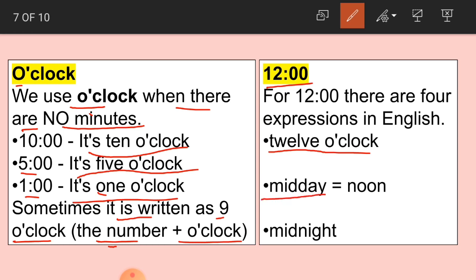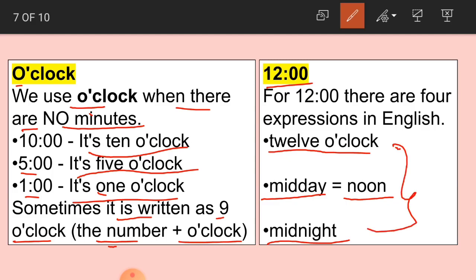Most of us get confused, thinking midday means afternoon 2 o'clock. But no children, when you say midday, it is 12 o'clock. 12 o'clock in the afternoon, that is 12 noon. Okay, midnight is again 12. That we are very much clear. Midnight is again 12. Clear? So 12 o'clock you can address in these 3 ways.